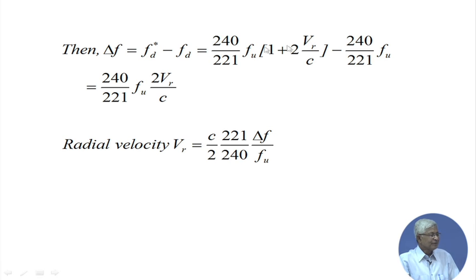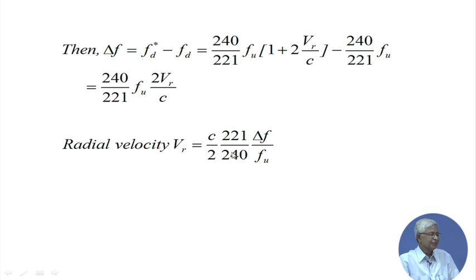Now, by reducing, this expression will be 240 by 221 Fu into 2 Vr by c, because the 2 Vr is there. So, the radial velocity can be expressed in terms of the Doppler and the uplink frequency, or it can be done in terms of the downlink frequency and Doppler.